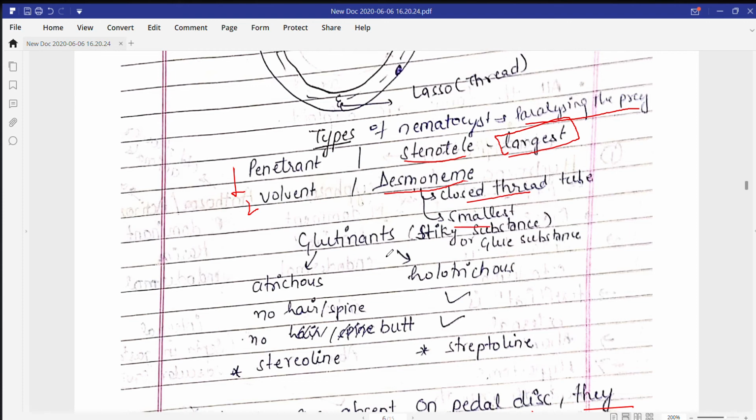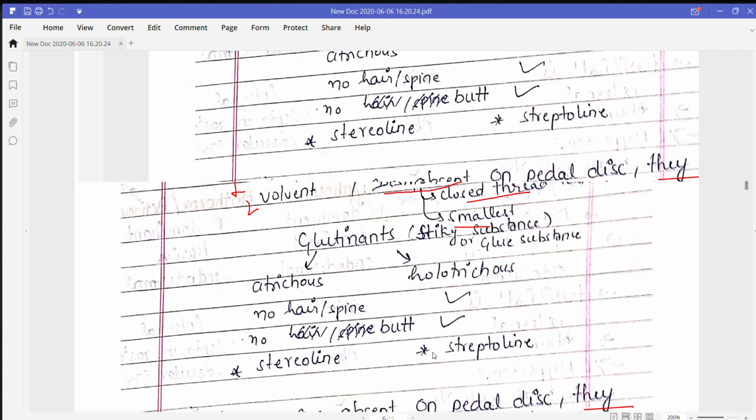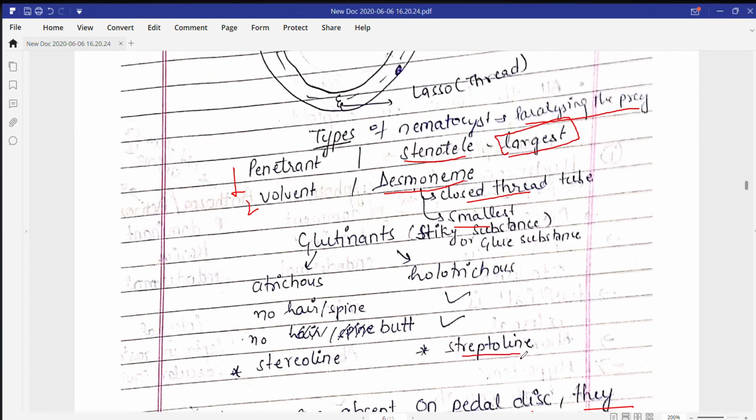Now the third type is stereoline and the fourth type is streptoline. They come under a category that we call glutinants. As the name already describes its characteristic, they are sticky or glue substances. They can be atrichous or they can be holotrichous.